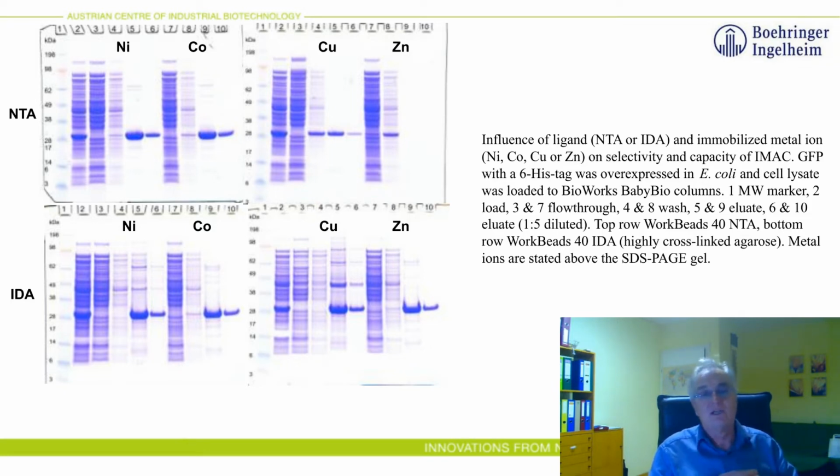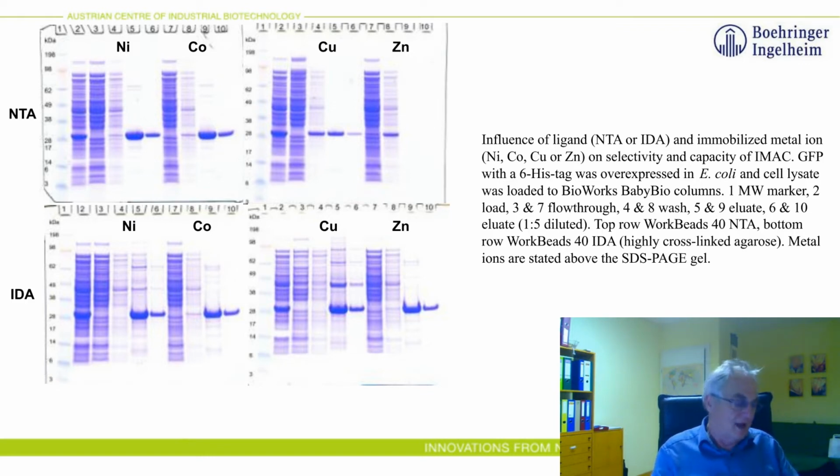And then you see with a lot of these chelated metal ions, in one step, a highly pure protein can be obtained. And we have a lot of choices of metal ions and chelators.